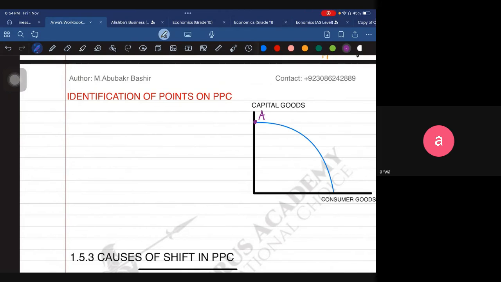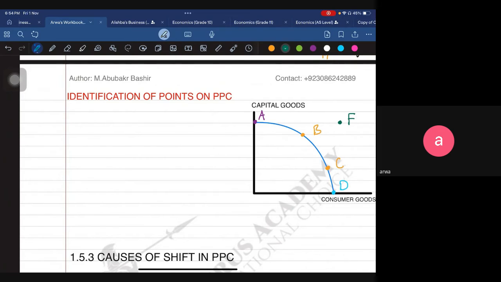We have point A. Now I'll go through identification of the points. We have point B, point C, point D, and point F.